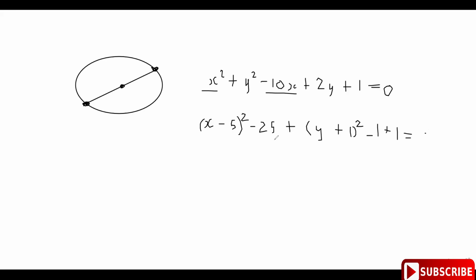So what you're getting is x minus 5 squared plus y plus 1 all squared, then you have minus 25 minus 1 plus 1. All of this is equal to 25. So what this is telling us is that the center of the circle is 5, negative 1.